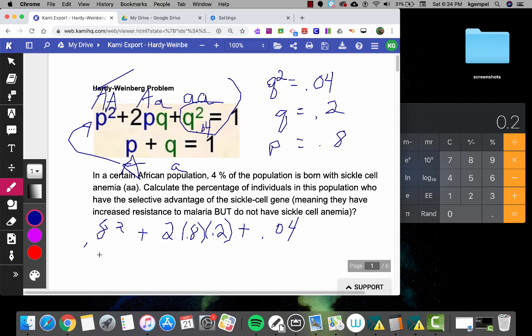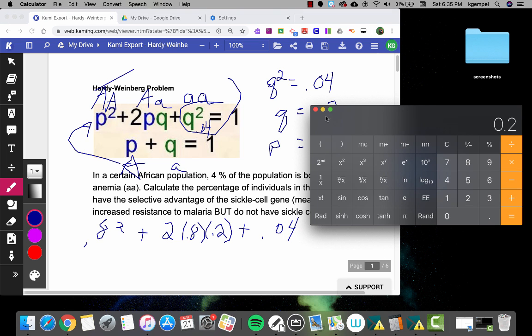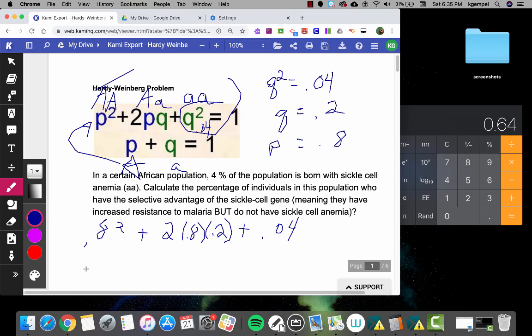So when you look at this here, this one is actually really easy. You don't even need your calculator, but I'll just do it just to show you guys. So if I have 0.8 squared, that is going to be 0.64.